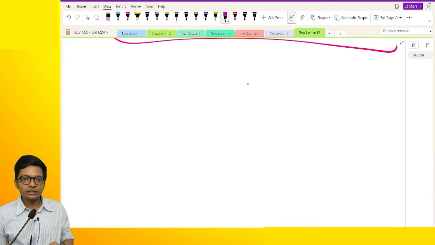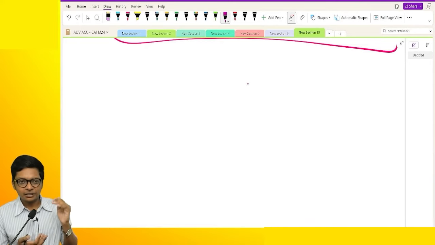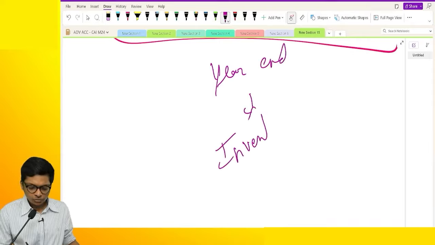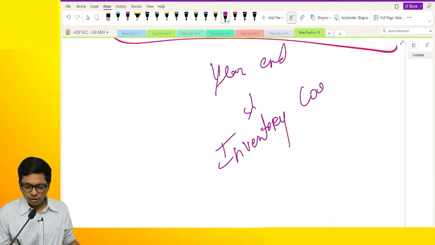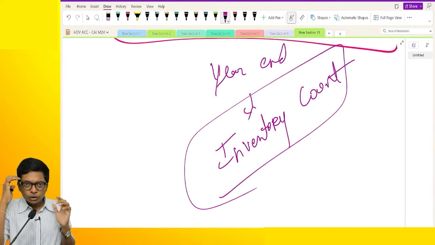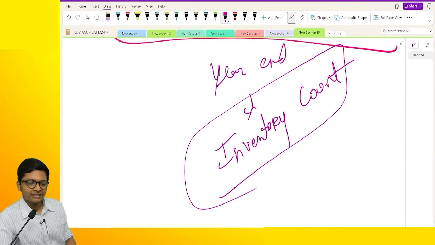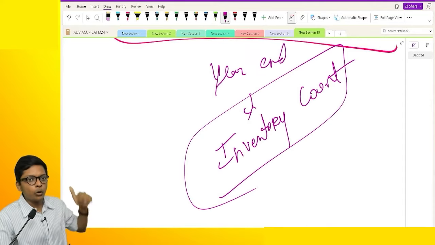Are you following, guys? So every business, whether it's a small business or a big business, at year end it is mandatory to do an inventory count. With this background, you tell me, is it possible to do inventory counting every day or only once a year? Once a year or once a month only. But if you want to count inventory, you have to close the business. See, in a pharmacy, if I want to count tablets, can I keep selling every 5 minutes and count?